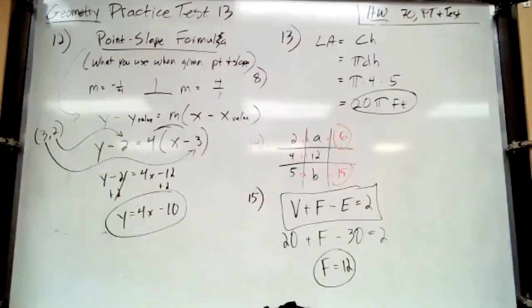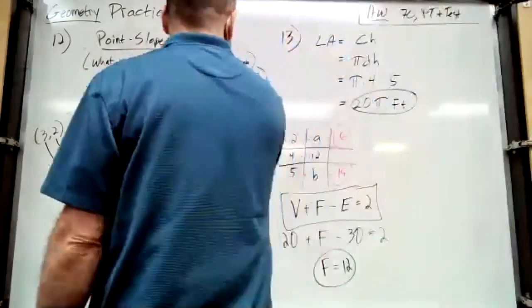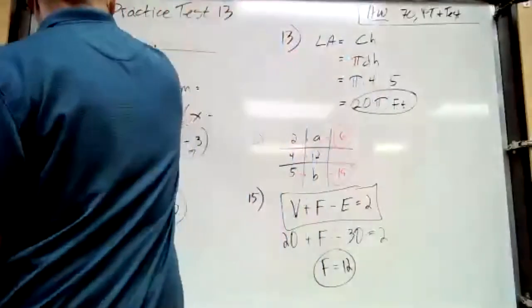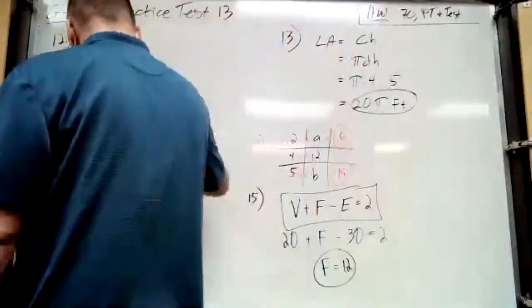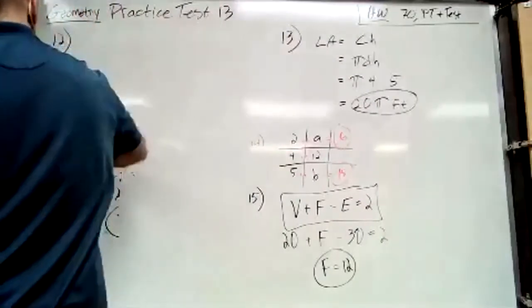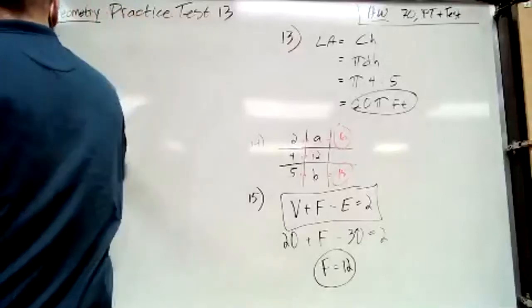So what can you tell me? How do you prove that they're parallel? It's not asking if it's a midsegment. It's asking if it's parallel. There's a property.